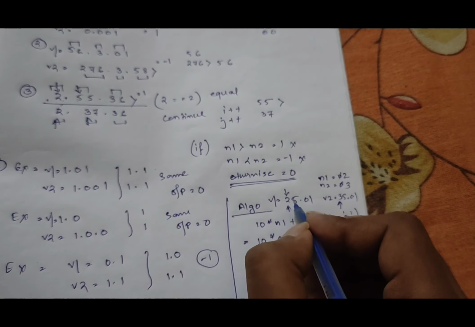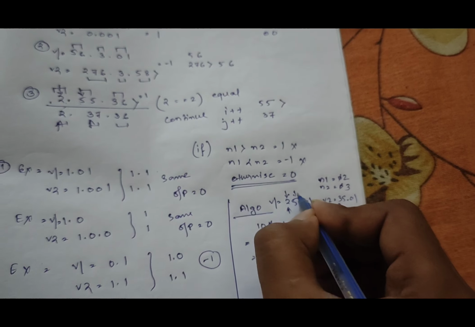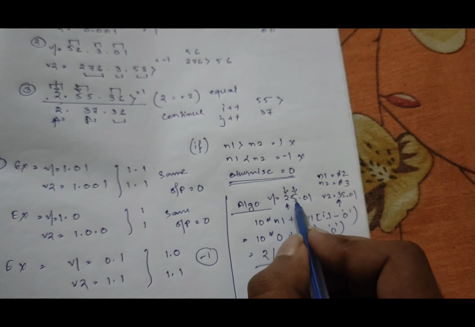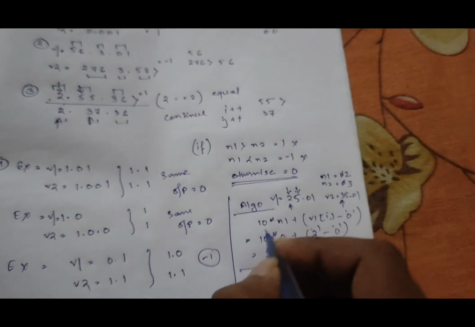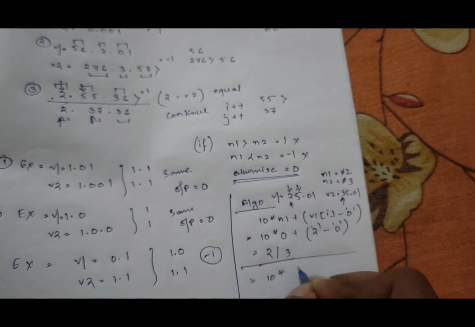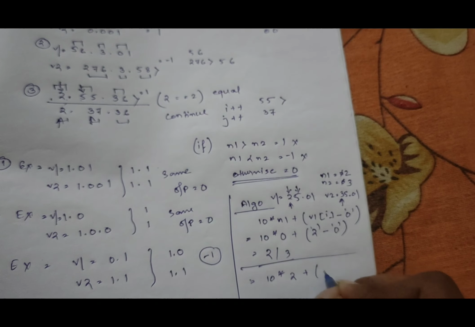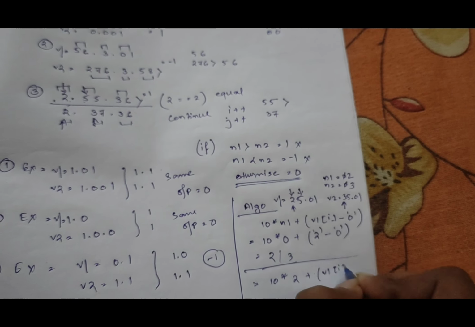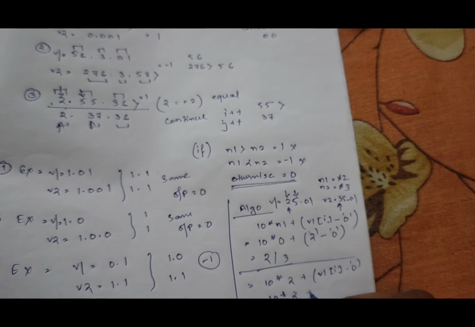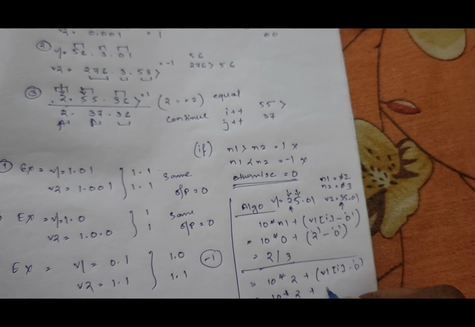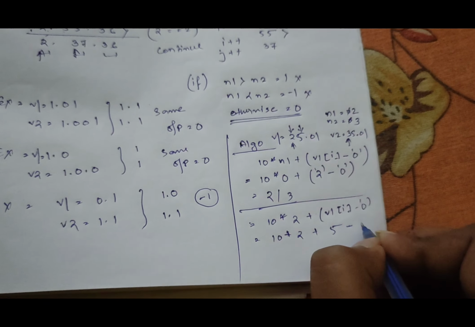Okay, now I is plus plus and I comes to 5, and n1 is 2. Check 10 into 2 plus version 1 of I, which is 5, minus 0.